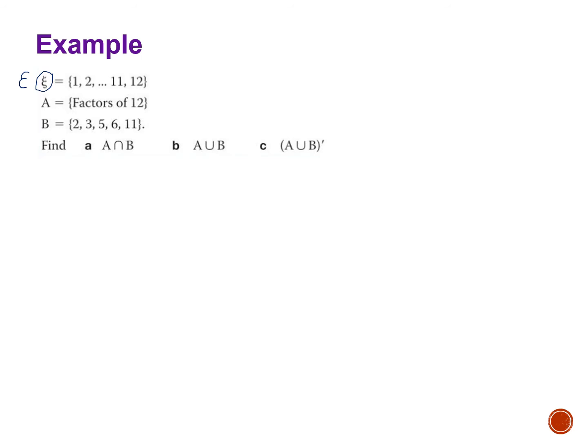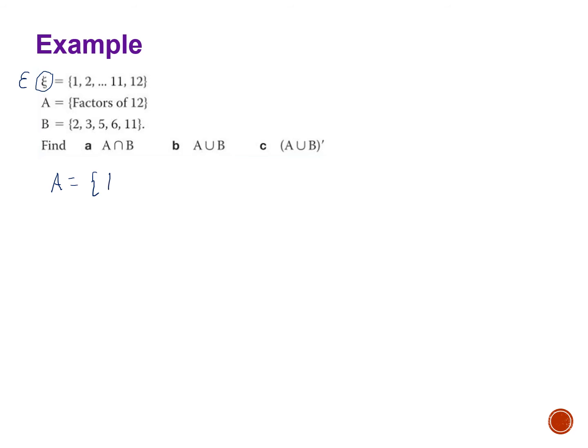And I've got to find some sets here. Now, what might be useful first is to actually list the elements that are in A. So factors, remember, a good way to define the factors is to think about the factor pairs. Okay, so factors of 12: 1 and 12, because 1 times 12 is 12, 2 and 6, 2 times 6 is 12, and 3 and 4, 3 times 4 is 12.